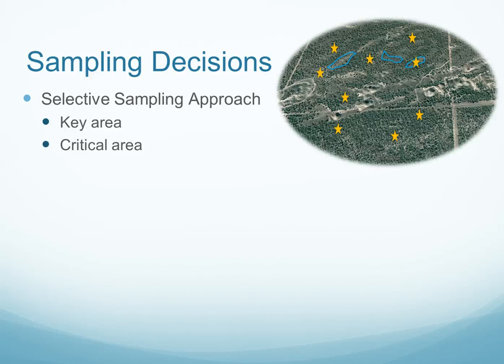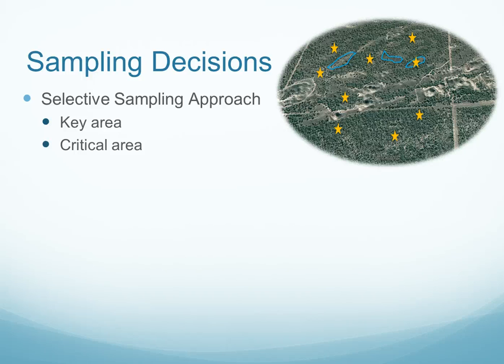A key area is a sampling site that is specifically selected because of its location, use, or value as a monitoring site specific to grazing. Key areas are assumed to be representative of the larger management unit, both in terms of the mix of species that grow there, as well as the way that the site responds to management.